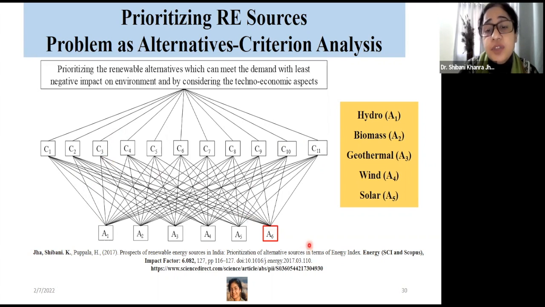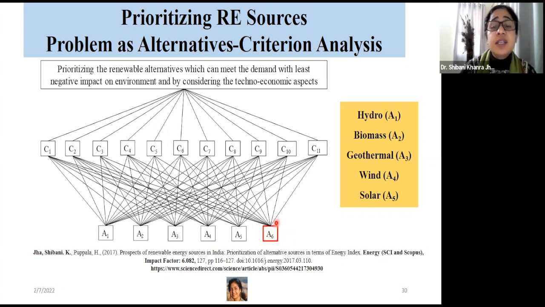Now also you can observe here there is another alternative which is indicated by A6. So the entire idea was giving priority to the renewable alternatives which can meet the demand with least negative impact on the environment, and by considering the techno-economic aspects. So as you have seen, the attributes belong to these two aspects.